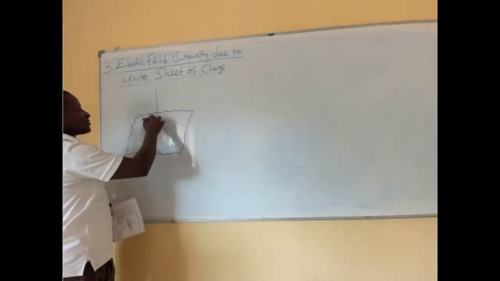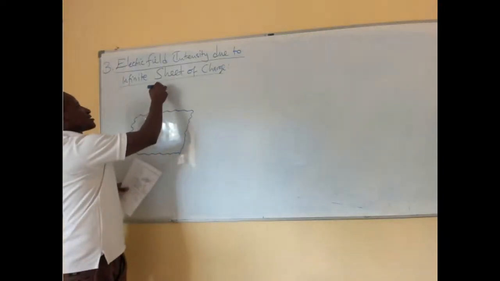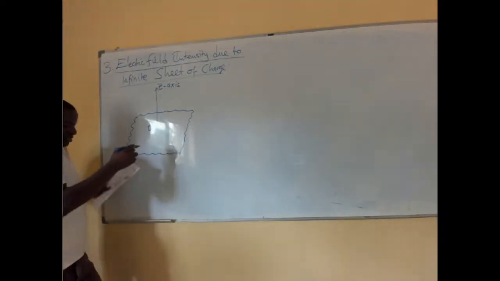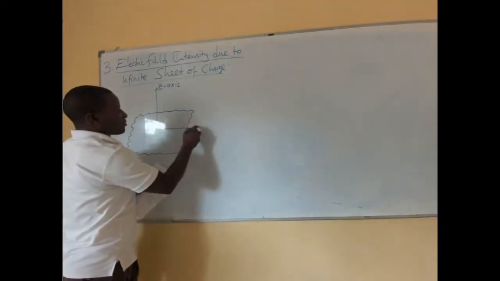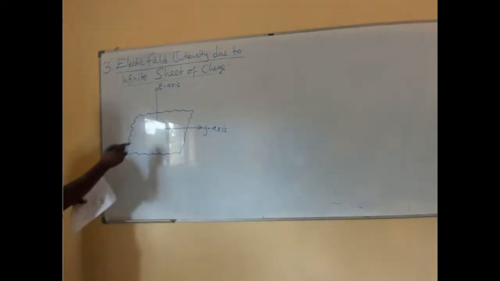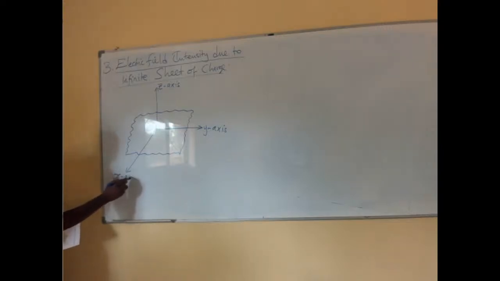Then we have this as our z-axis, then this as our y-axis, and then that as our x-axis. This is how you begin.